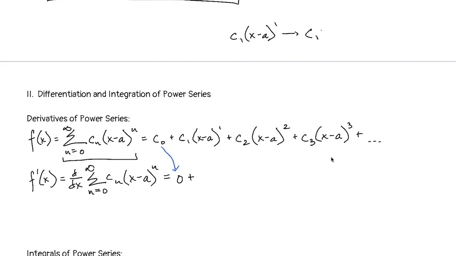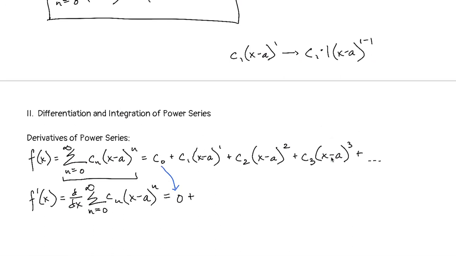And then I would bring down the power, which is 1, keep my expression, and then 1 minus 1, right? That's what we do with the power rule. And so if I clean this up a little bit, I'm going to get c sub 1 times 1, or I can just write it as c sub 1. So the derivative of this second term becomes c sub 1.